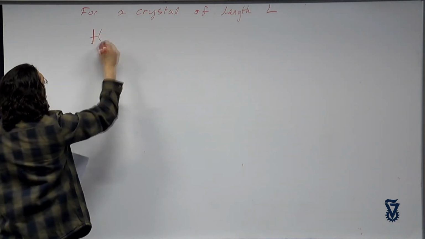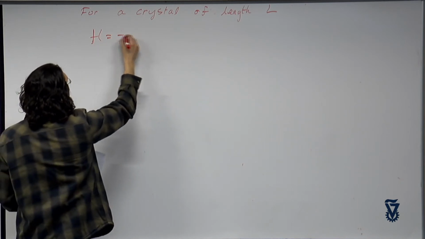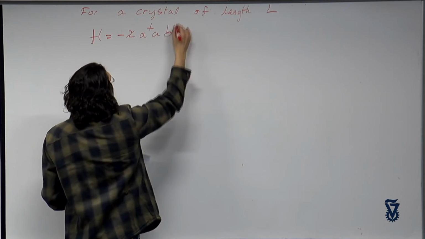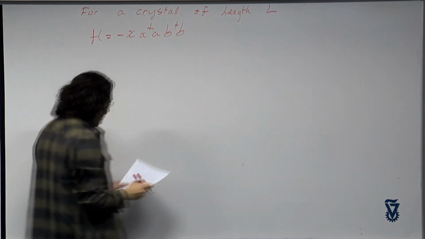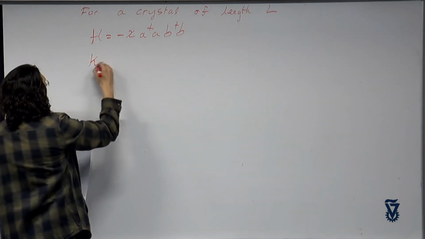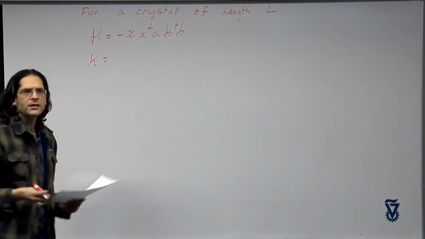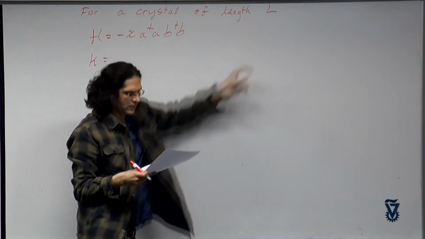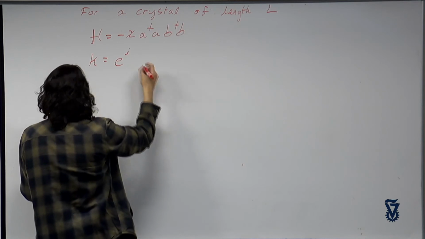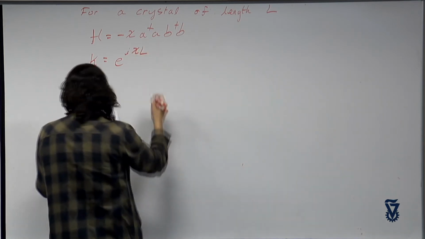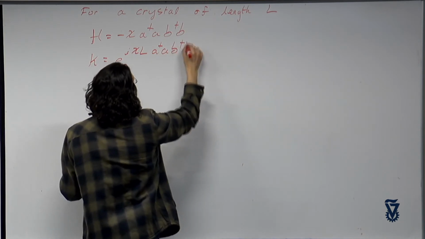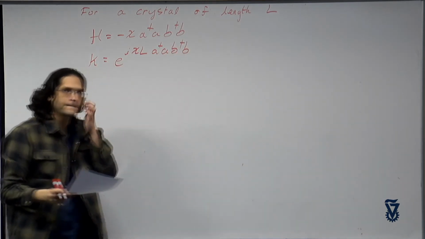So the Hamiltonian is just going to be some minus chi A dagger A B dagger B. This is the Hamiltonian. And then our operation K, using this Hamiltonian for some crystal of length L, is going to be e to the i chi L A dagger A B dagger B.